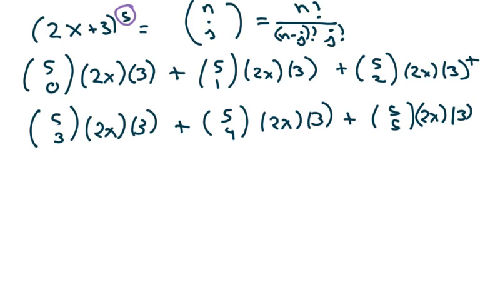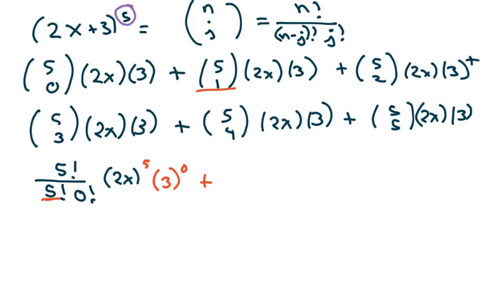So I'm going to write this as 5 factorial, then I'm going to put the 0 factorial here, and then the 5 factorial here. Remember, these two numbers have to add. Then I'm going to match it. So I have 2x, and I'm going to match it here. This is 5, and then my 3 goes to the 0.